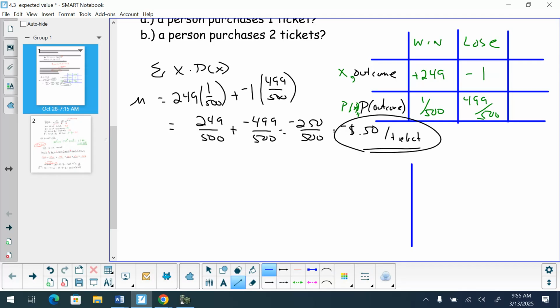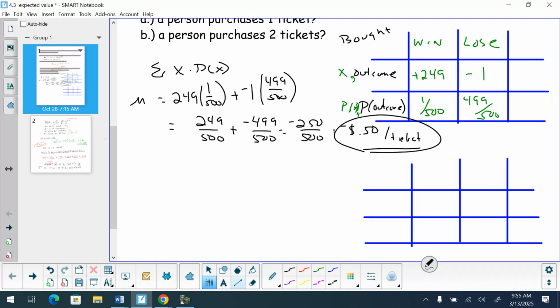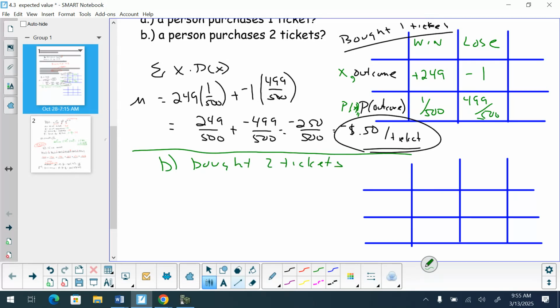Let's go to the second scenario. First scenario, you bought one ticket. Second scenario, part B, you bought 2 tickets.